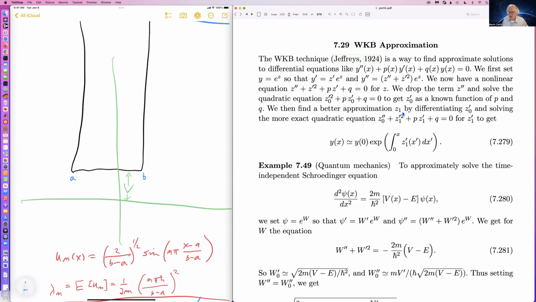We solve this quadratic equation for z0 prime. Then we differentiate z0 prime to get an approximation for z double prime, and then we substitute that approximation for z double prime into this expression where we've already solved for z1 prime.